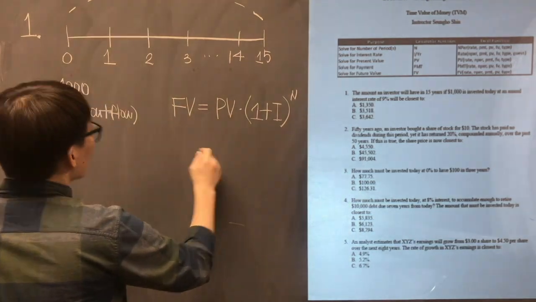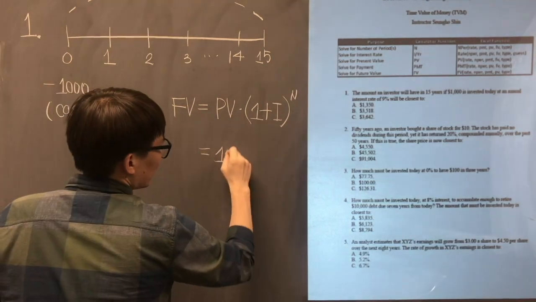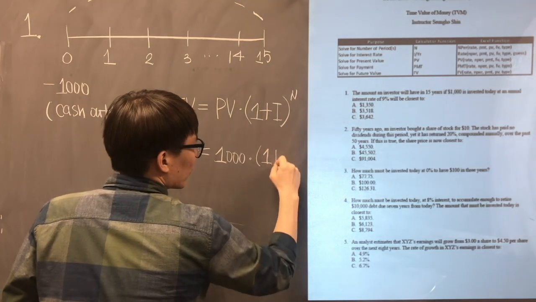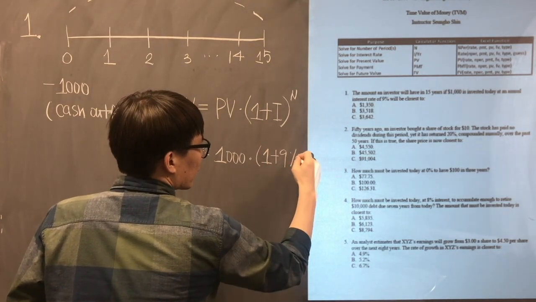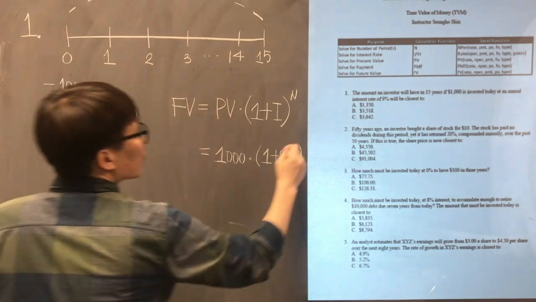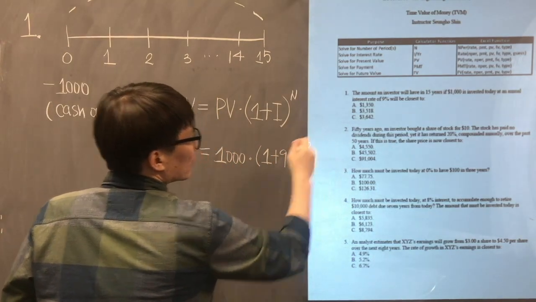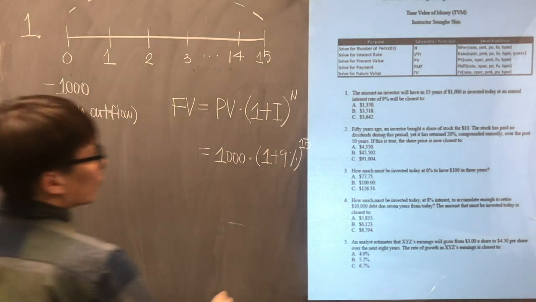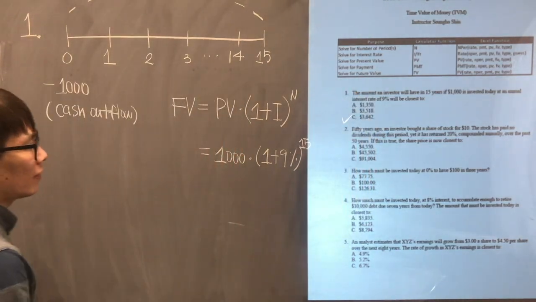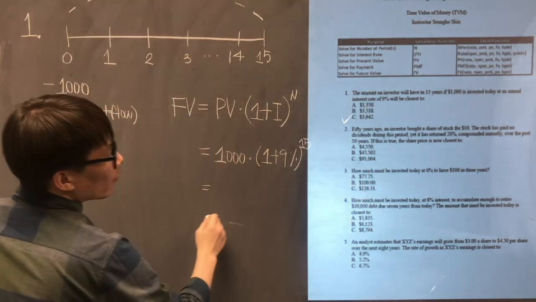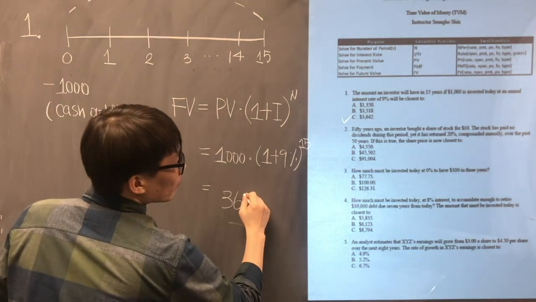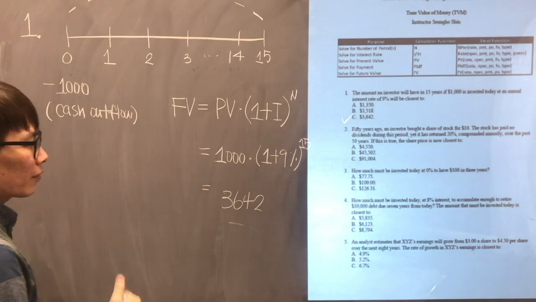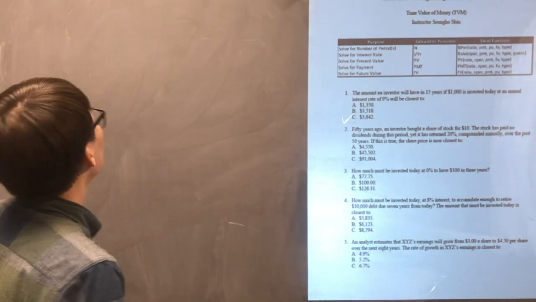So 1,000 multiplied by 1 plus 9% to the power of 15 years. Sounds good? Once you're done, you will get C. So that is your future value. Sounds good? Now question 2.